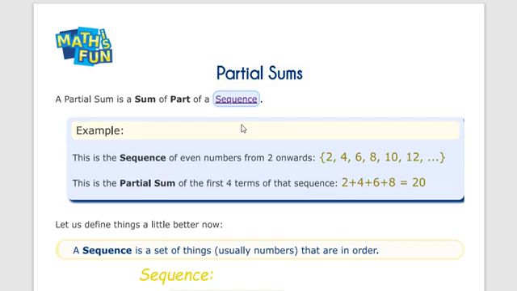So in today's lecture we will discuss partial sums. If it is an infinite sequence, we sum a finite part of it, like 4 terms, 5 terms, 6 terms. It is basically a sigma. We will discuss different types of sigma properties and related examples.